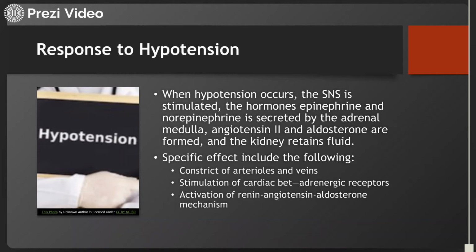Angiotensin 2 and aldosterone are formed, and the kidneys will retain fluid because, remember, you don't have the pressure necessary. Other effects include the constriction of your arterioles and veins to hopefully retain as much pressure as possible, stimulation of cardiac beta adrenergic receptors, and then activation of renin angiotensin aldosterone mechanisms, which again will help you retain as much fluid as possible.